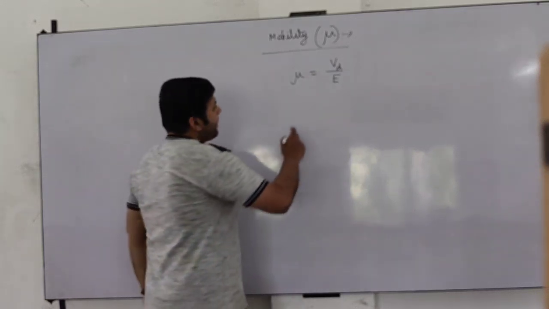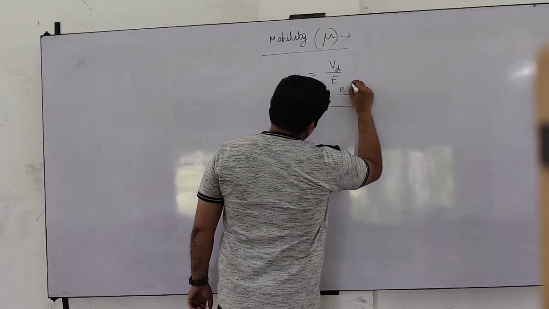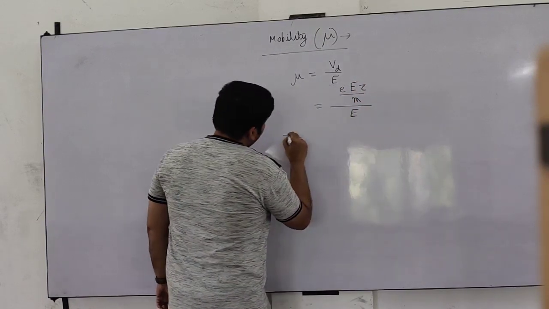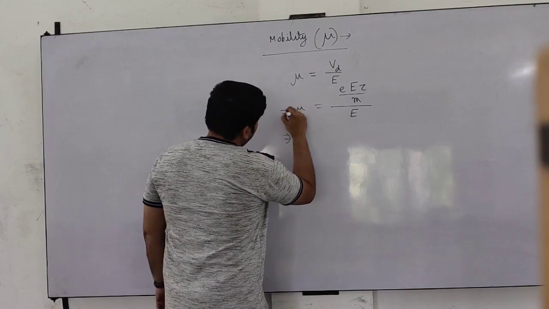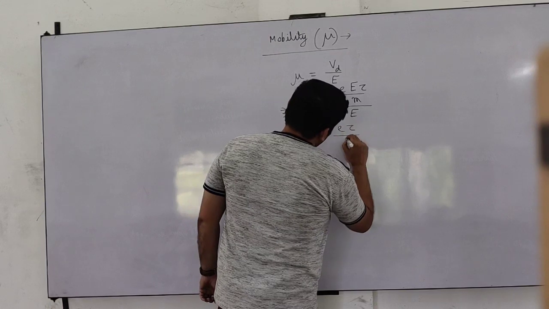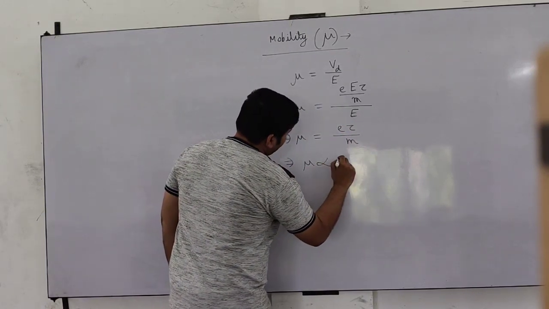Again we have Vd is equal to E tau by m, which implies mu is equal to E tau by m.